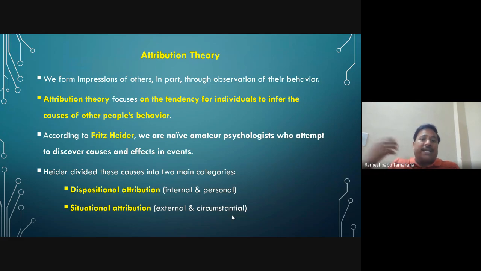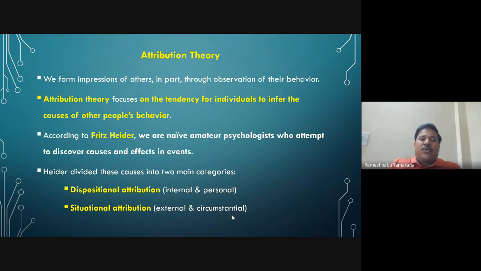We have the tendency to infer the causes of others' behavior, whether it is our spouse, our children, family members, or our colleagues, without knowing the actual reason. This is what basically is an attribution.